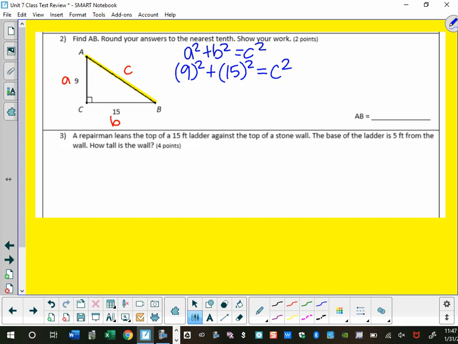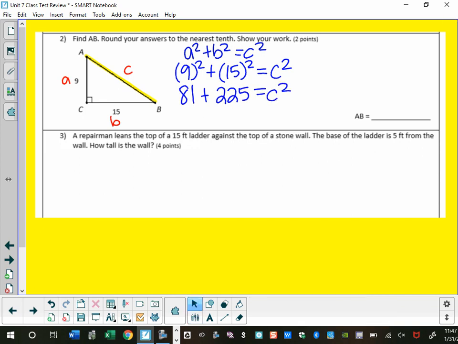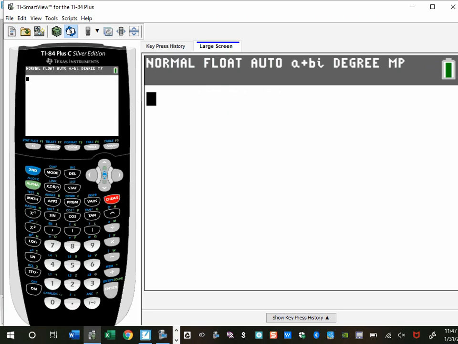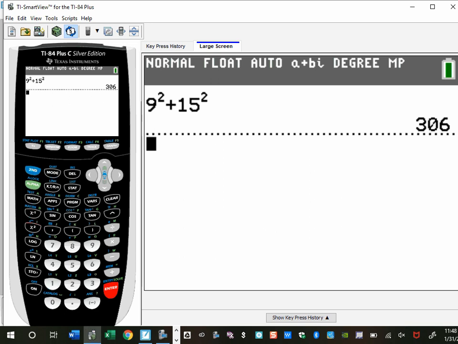All right, so 9 squared, 81. 81 plus 225. Guys, in your calculator, I am 100% okay with you skipping this step. You don't have to break this down as you just did. If you type in 9 squared plus 15 squared, you get 306.